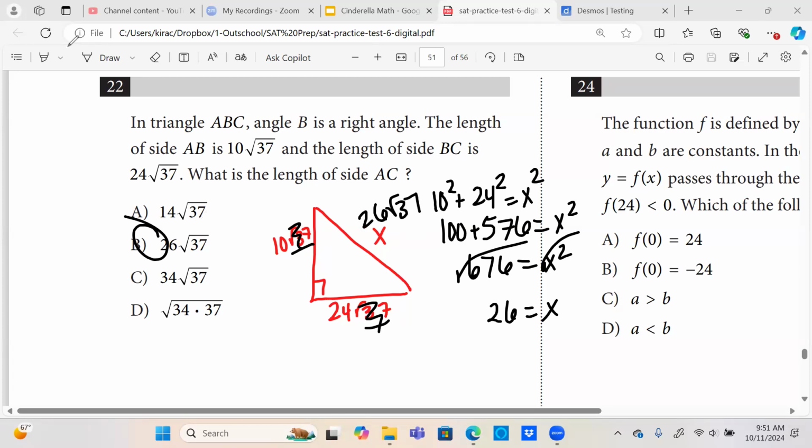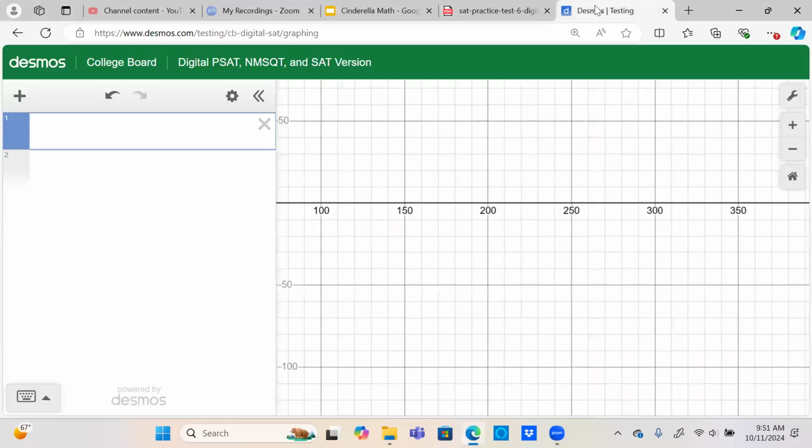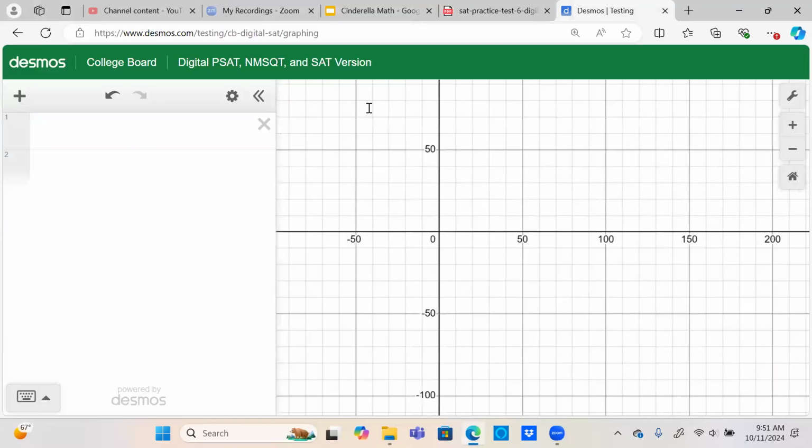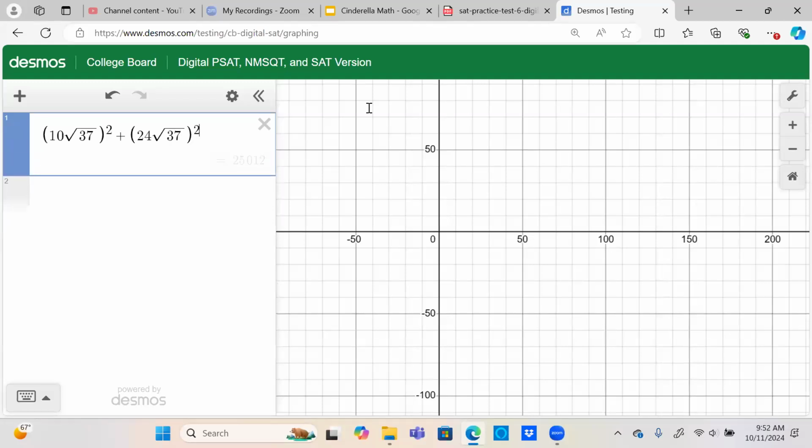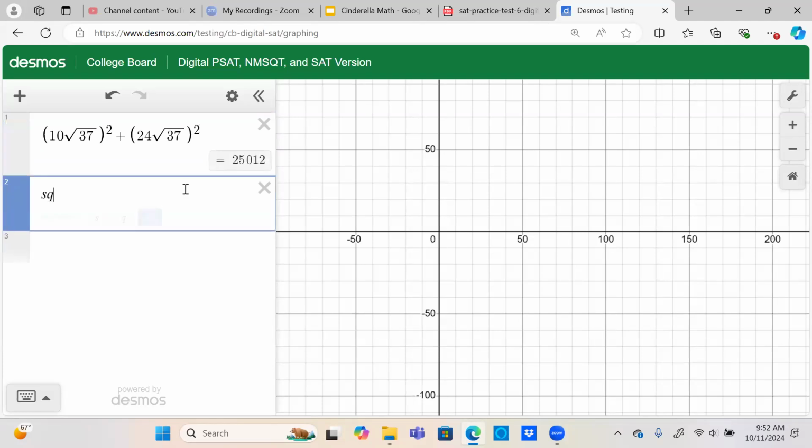The other option is to come to Desmos and let Desmos mess with the Pythagorean for you. So that was 10 square root 37, all of that squared, plus 24 square root 37, all of that squared. Okay, there's our answer. And then take the square root of that guy.